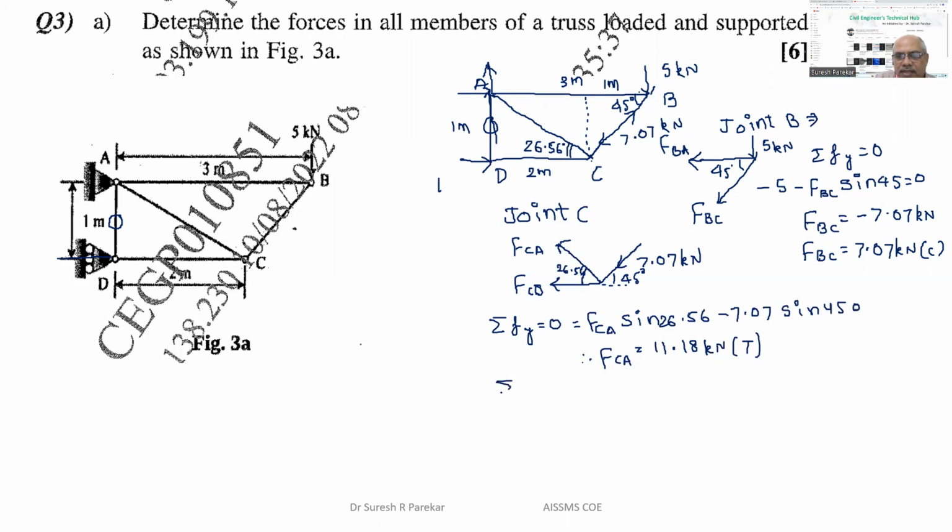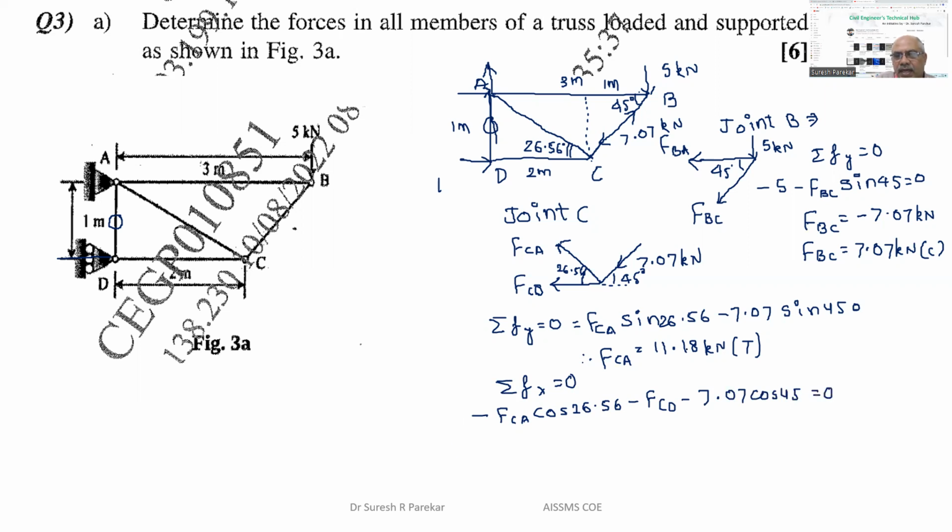And then we will apply summation Fx = 0. So we have FCA, we have 11.18. Now we will write it minus FCA cos 26.56, then minus FCD minus 7.07 cos 45 equal to 0.